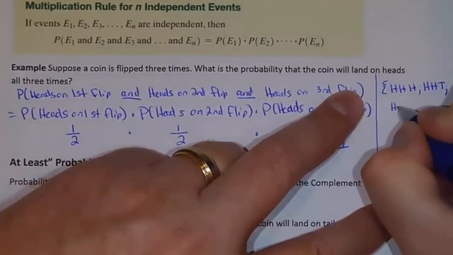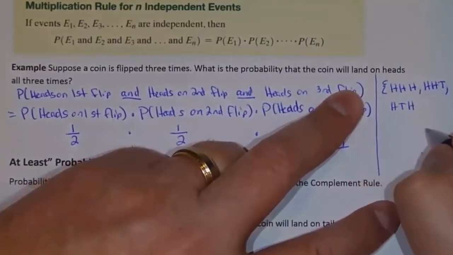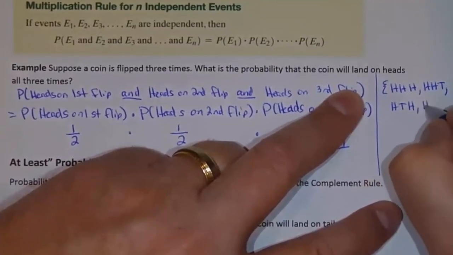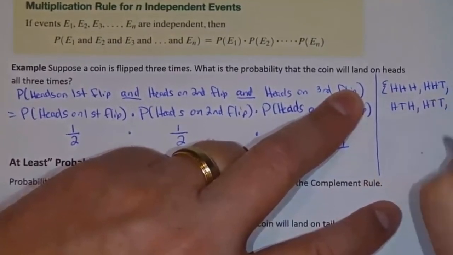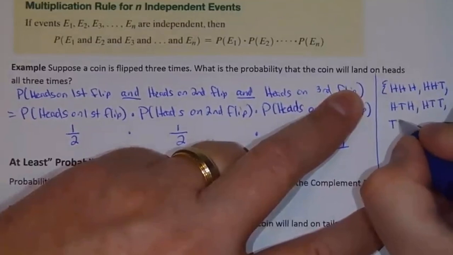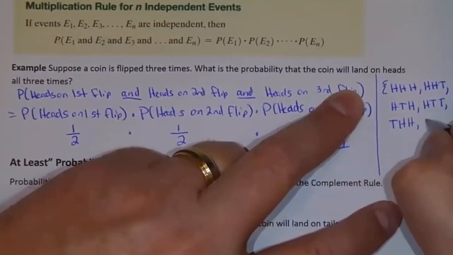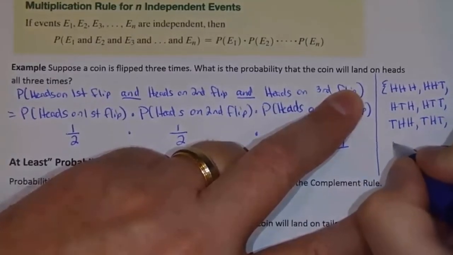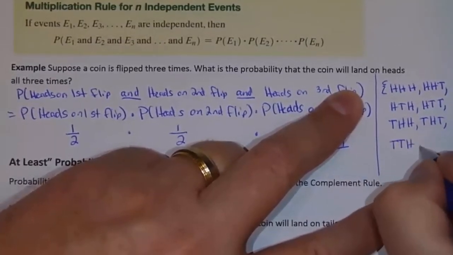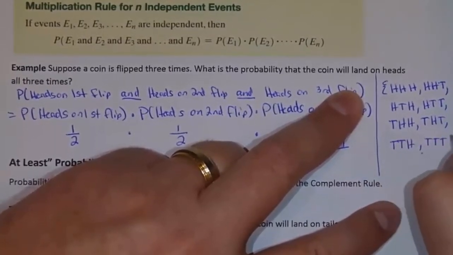It could be heads, tails, heads. It could be heads, tails, tails. It could be tails, heads, heads. It could be tails, heads, tails. It could be tails, tails, heads, and it could be tails, tails, tails.